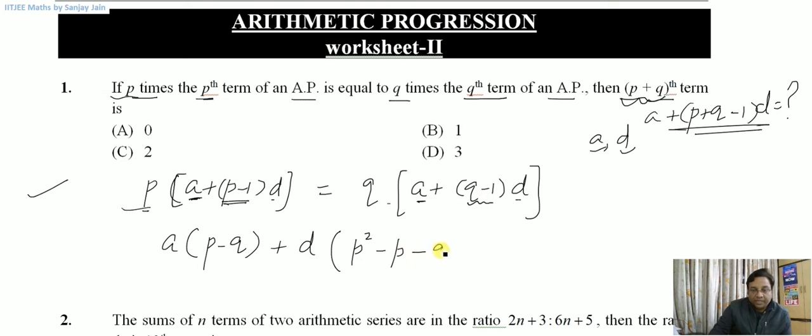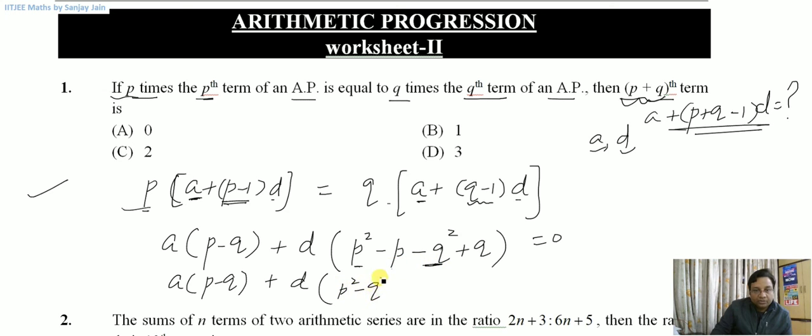So it will be minus q square plus q, and it will be equal to 0, right? So from here I can say a into p minus q plus d into p square minus q square, minus, and if I take minus outside, this will become plus, this will become minus, so p minus q here.